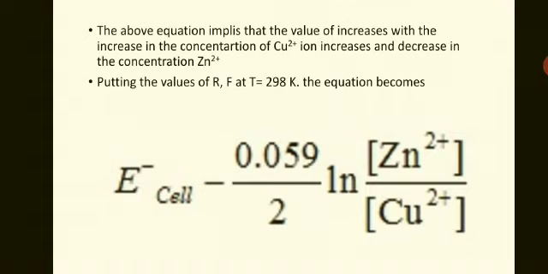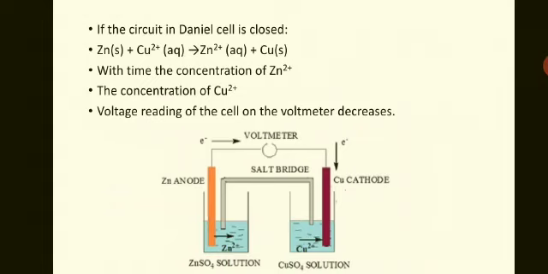Putting the values of R and F at T equal to 298 Kelvin, the equation becomes E cell equals E0 cell minus 0.059 upon 2 natural logarithm of the molar concentration of zinc ion divided by the molar concentration of copper ion.